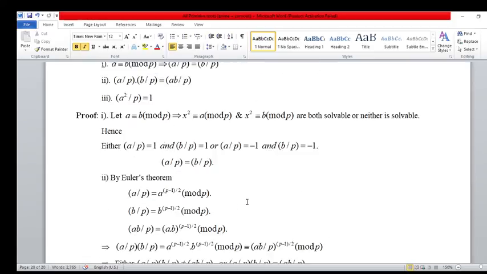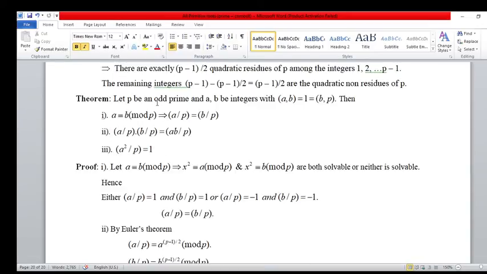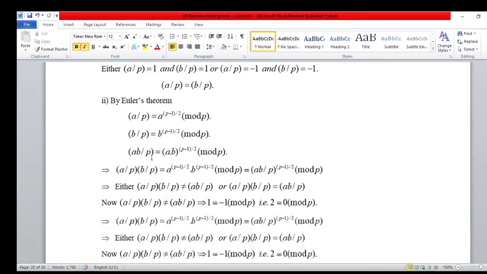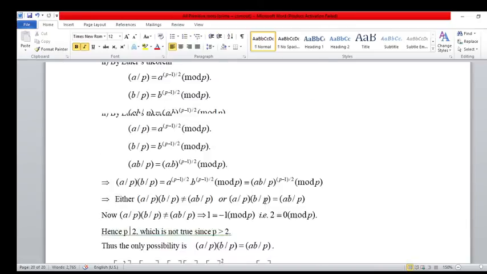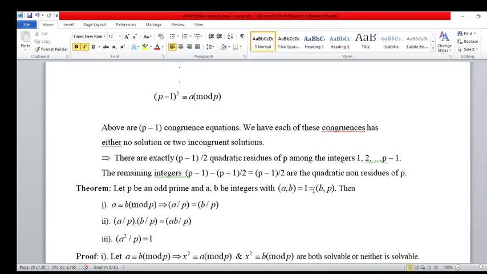This is the result, that (a square upon p) is equal to 1. So this is the third result. (a upon p) is either plus 1 or minus 1. Why? Because a and b are relatively prime, b and p are relatively prime, which means a and p are relatively prime. So this is the third condition.